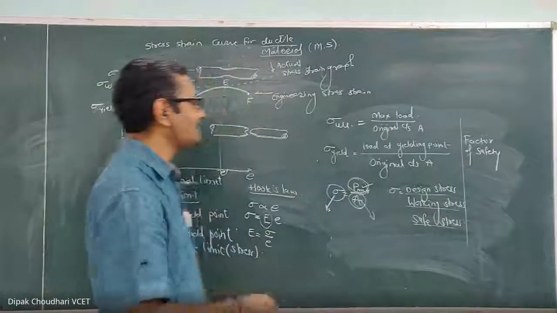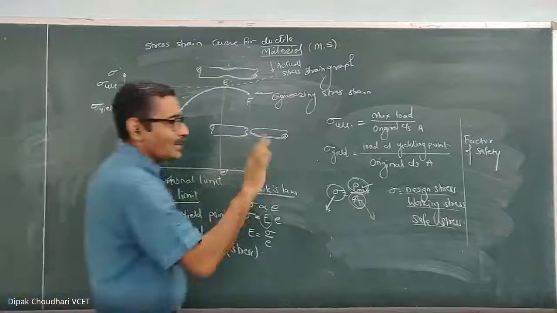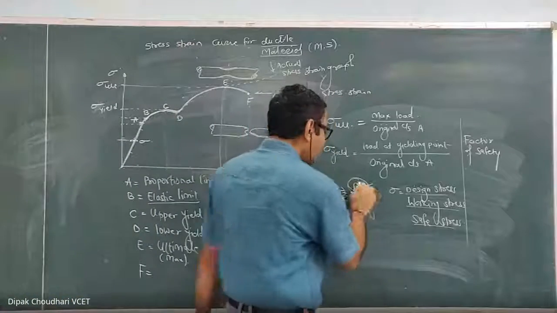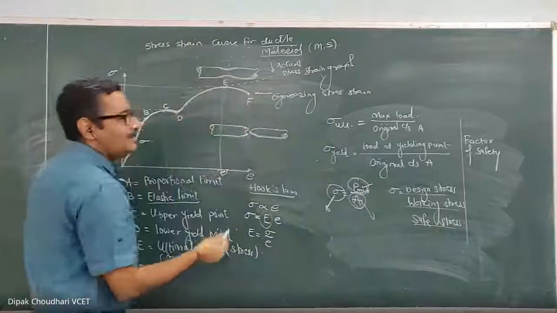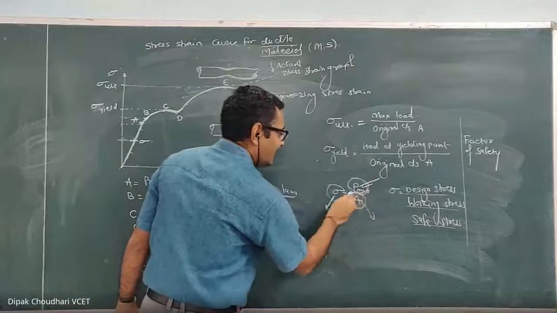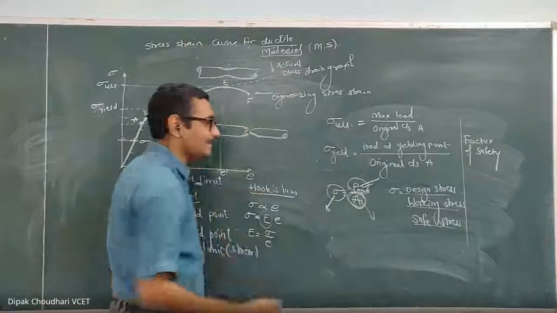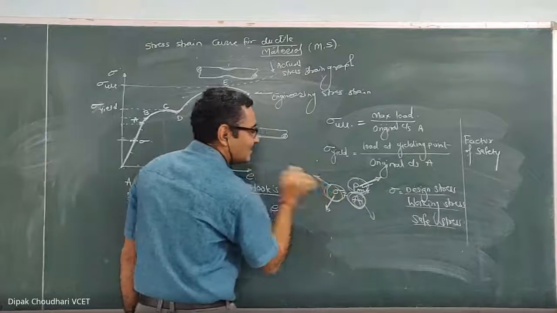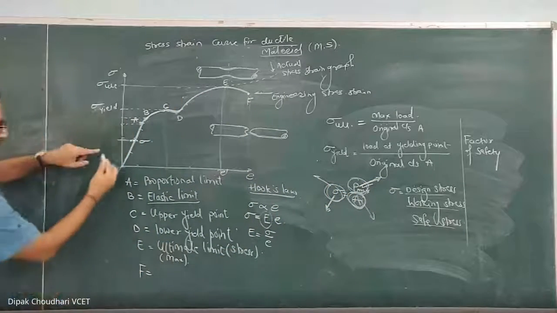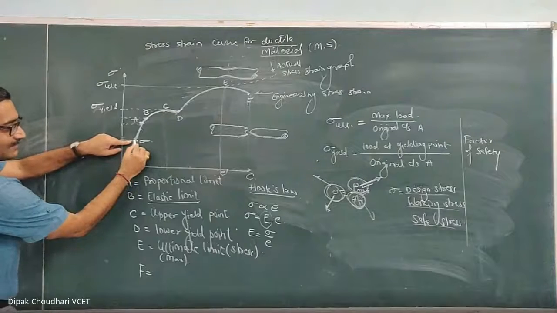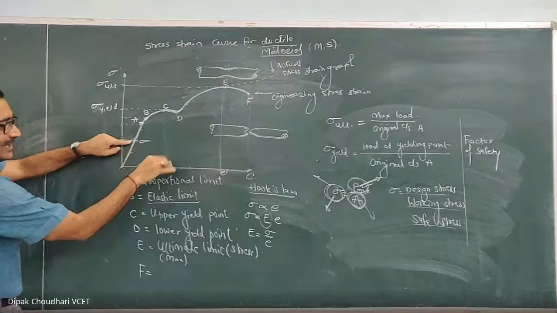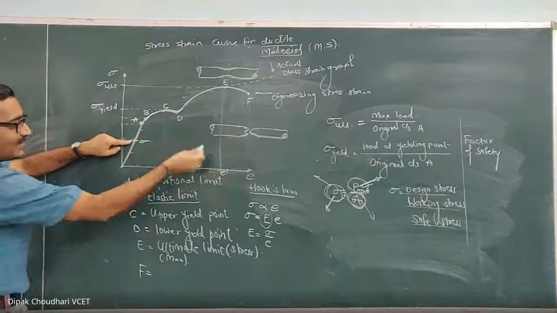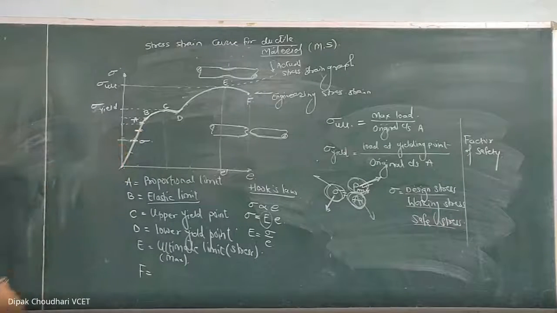The reason is that even if we apply more load, it happens accidentally. Even if we apply more load, if P increases, the area remains the same, that is the design area. If accidentally P increases, then the stress value will also increase. And if the stress value increases, it will go from here to here.